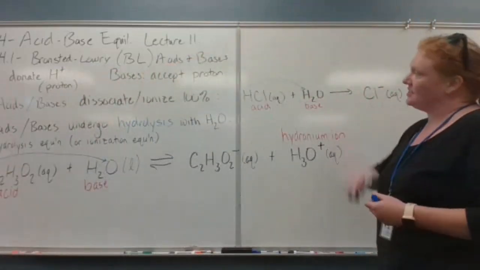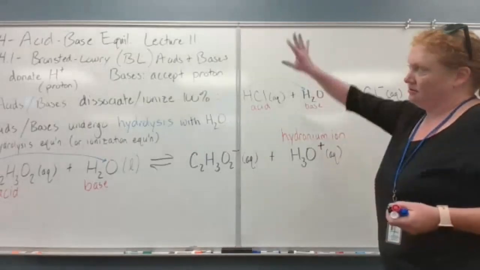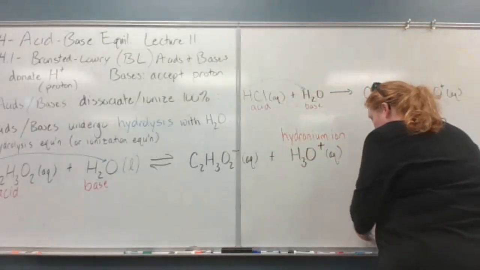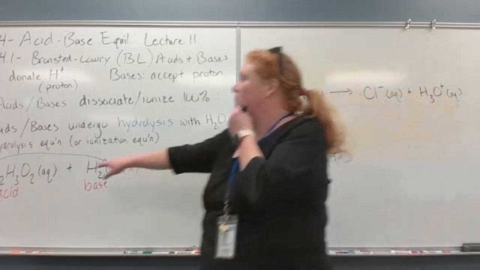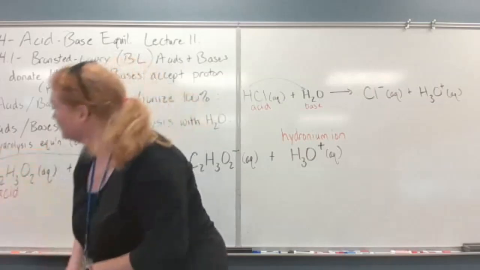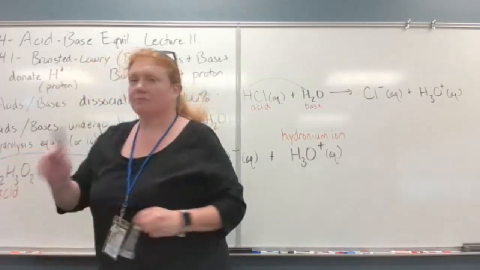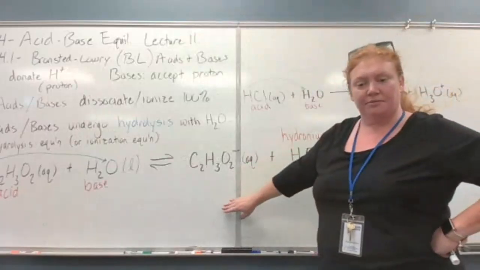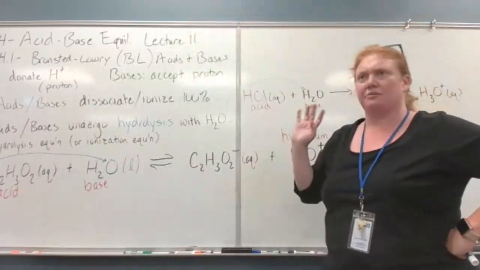All right. So in the Bronsted-Lowry definition, what we end up with when we do these hydrolysis, let me put a base one up and then tell you this term and then we're done.